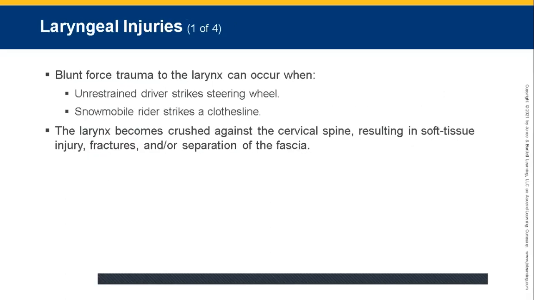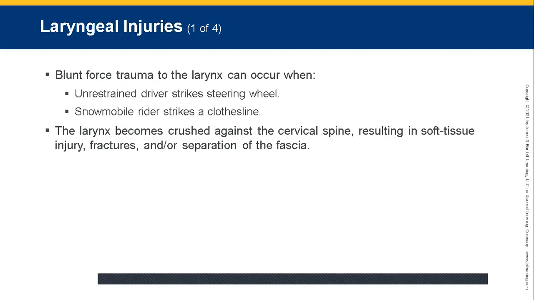For laryngeal injuries, blunt force trauma to the larynx can occur when the patient is unrestrained in a vehicle and strikes the steering wheel. It can occur in snowmobile accidents, which involve clotheslines.